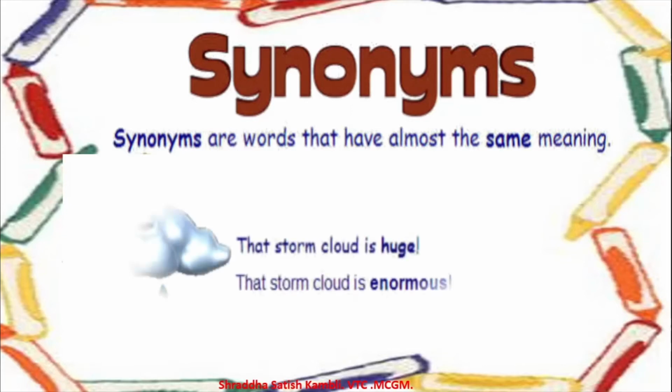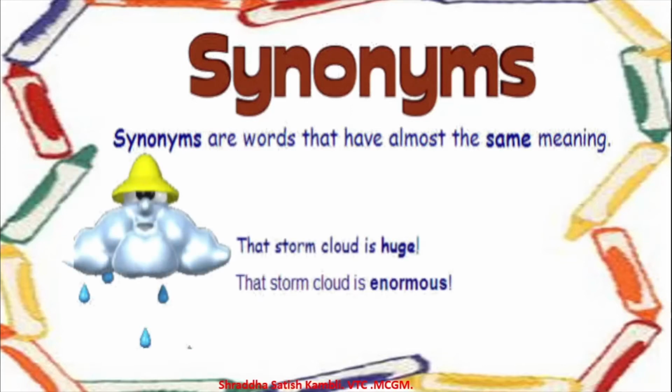So what are synonyms, children? Like we just discussed, synonyms are words that have almost the same meaning. So look here, that storm cloud is huge. Okay, so I want you to focus on the word huge. And you could also say that storm cloud is enormous.